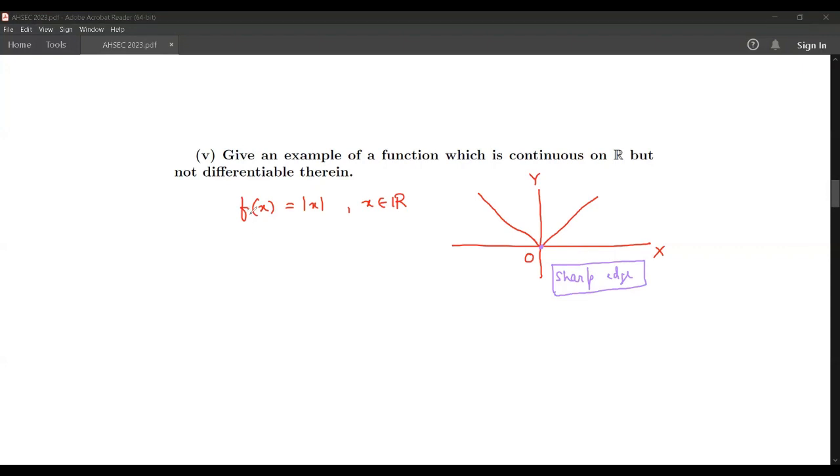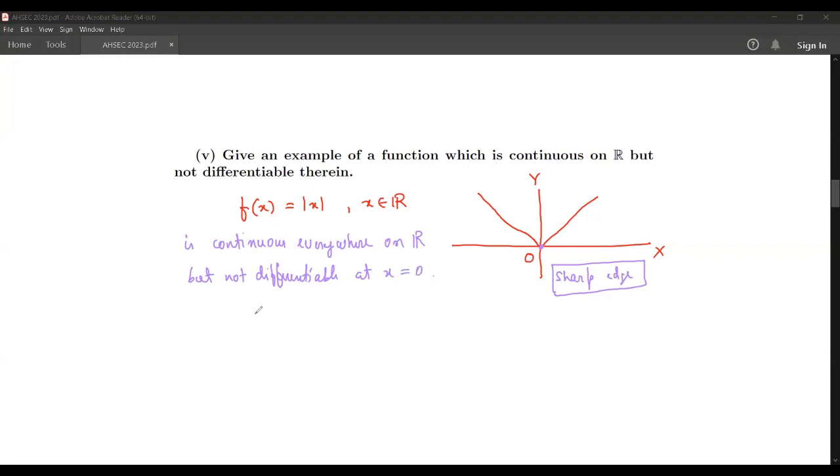So I can say that this function is continuous everywhere on R, but not differentiable at x is equal to 0.